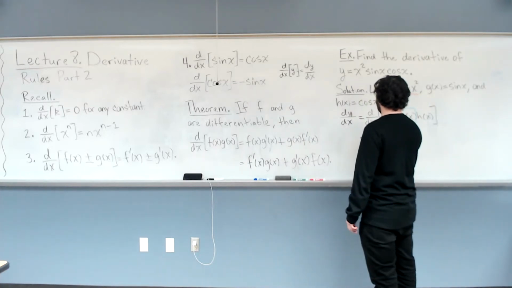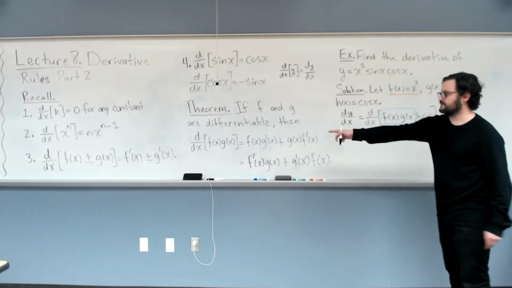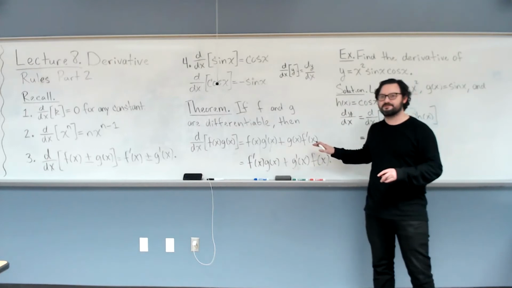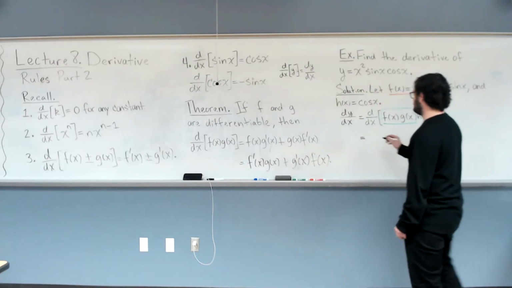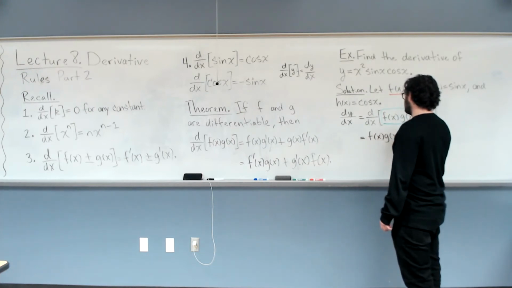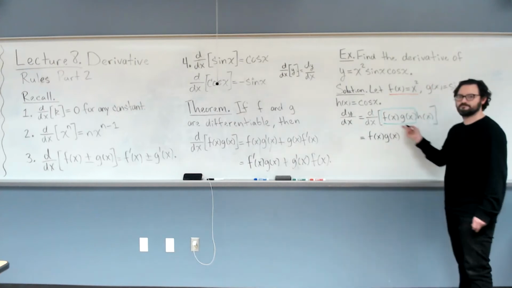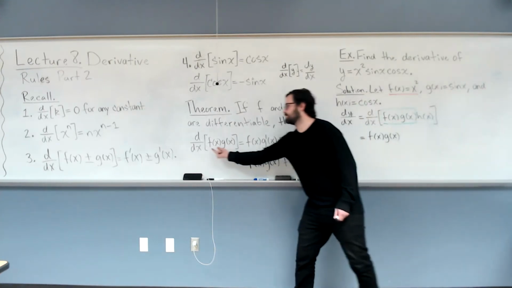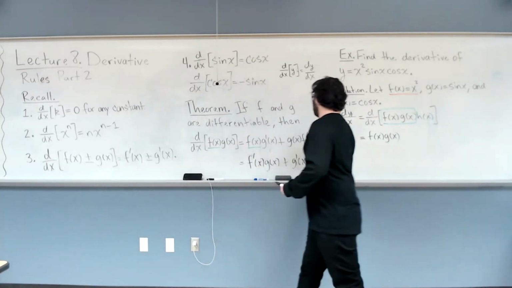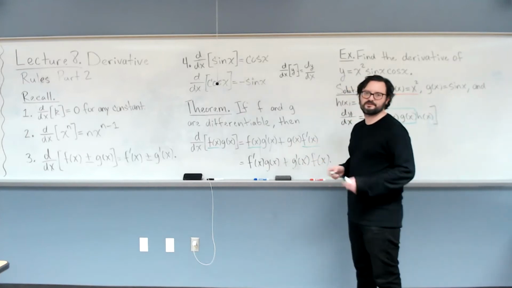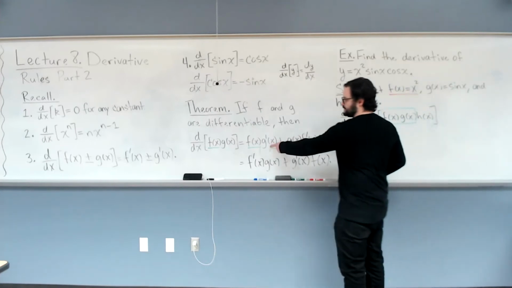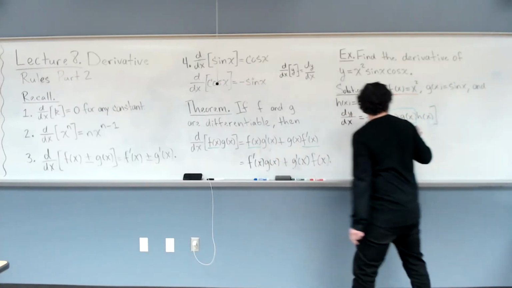I'll use the same ordering, though it doesn't matter what ordering I use. Again, please don't think the ordering matters. I can say f of x, g of x, that's my green guy. This is the derivative of green, times G prime.